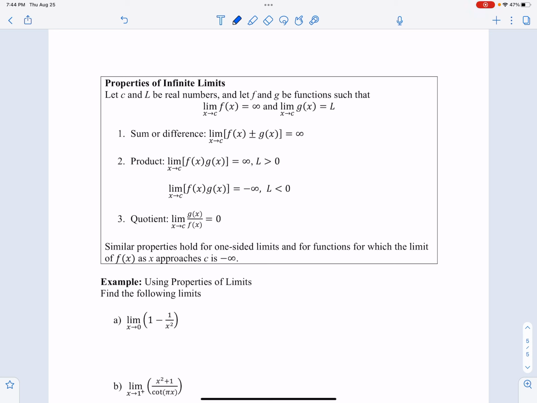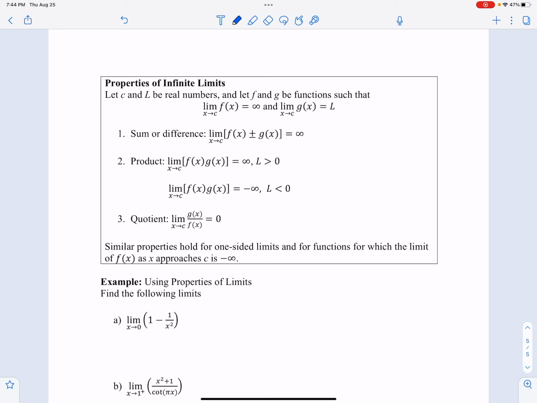Okay, properties of infinite limits. So let c and L be real numbers and let f and g be functions such that the limit as x approaches c of f of x is positive infinity and the limit as x approaches c of g of x is L. So one of the limits, the limit of g, exists and the limit of f of x as x approaches c is infinity.